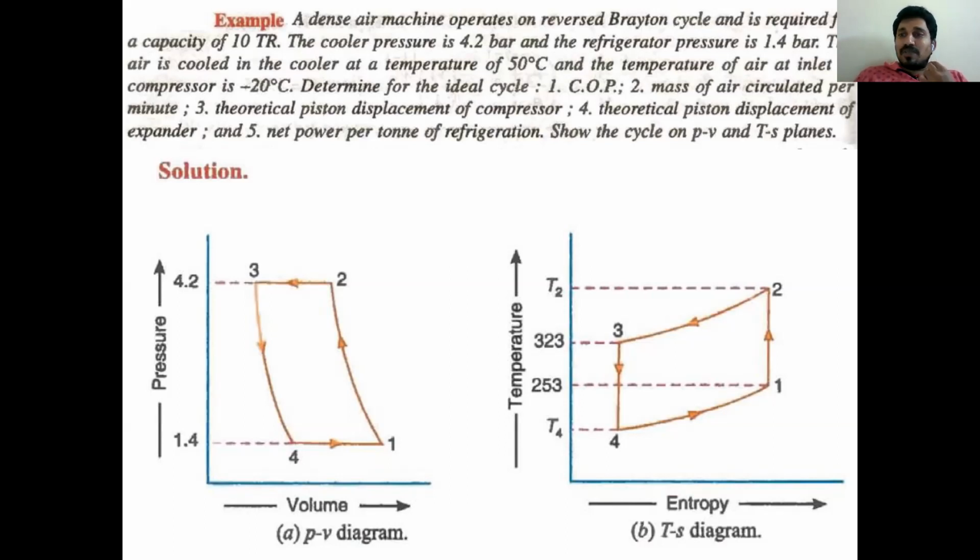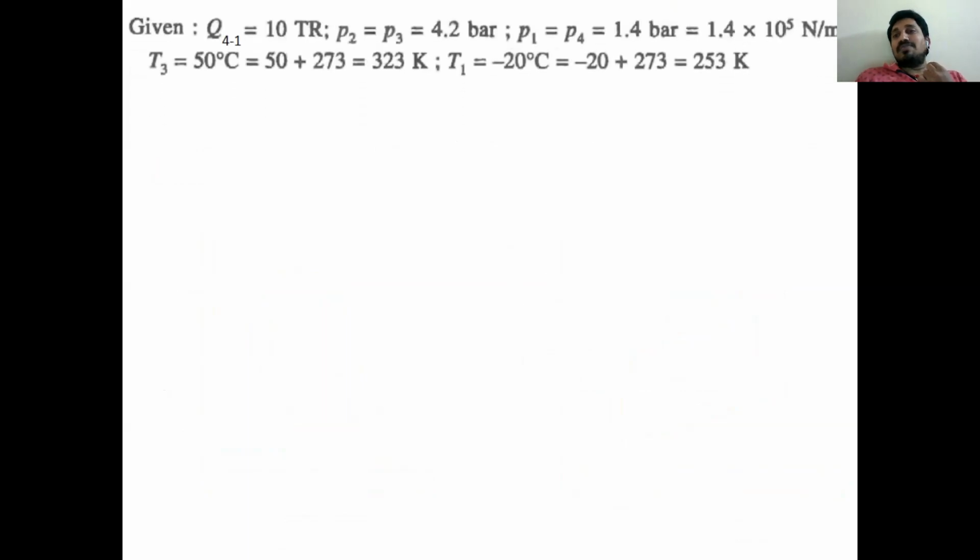After preparing the diagrams, we write the given data. See which data was given. Q41 is 10 TR, P2 is equal to P3, the highest pressure, 4.2 bar, and P1 is equal to P4, 1.4 bar. If you convert to Pascal, 1.4 into 10 power 5 Newton per meter square.